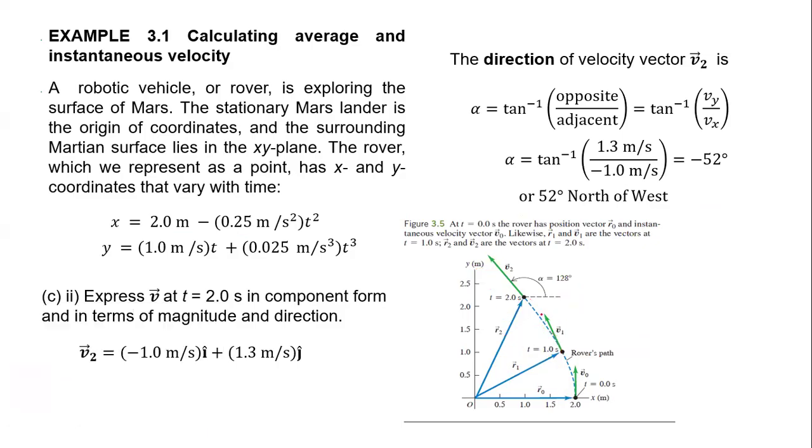Here we can verify that our V2 is in the second quadrant. It's pointing 52 degrees north of west. Or in another sense, you can say that it is 128 degrees from the positive x-axis to the vector.